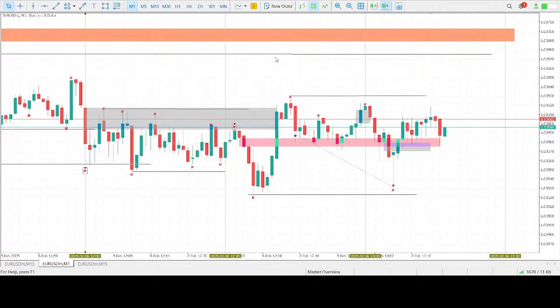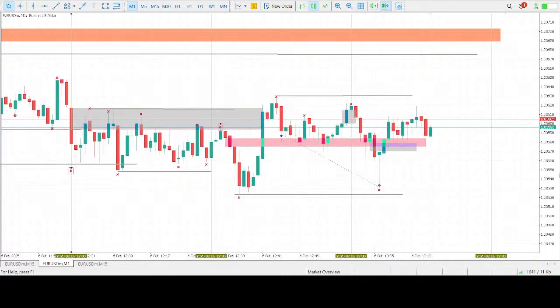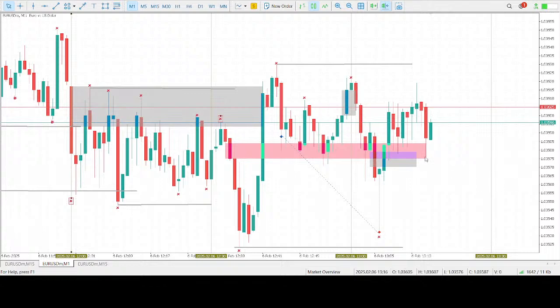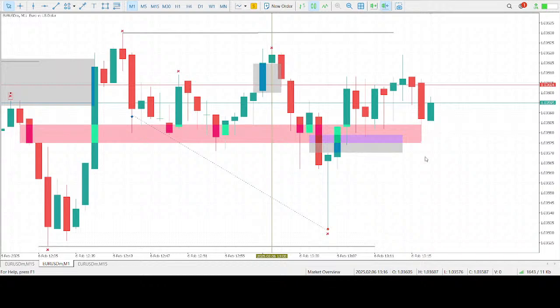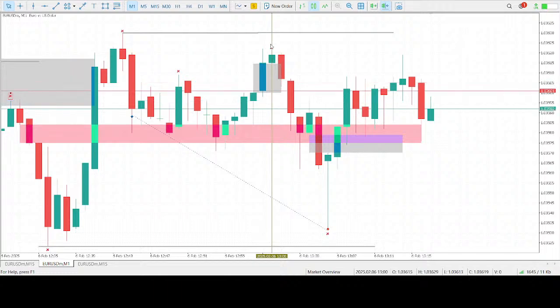Or alternatively, I could wait for a signal that there is greed, or rather FOMO, that would cause me to want to put in a trade right now. The best case scenario would be to wait for a manipulation around here in order to see price going upward.